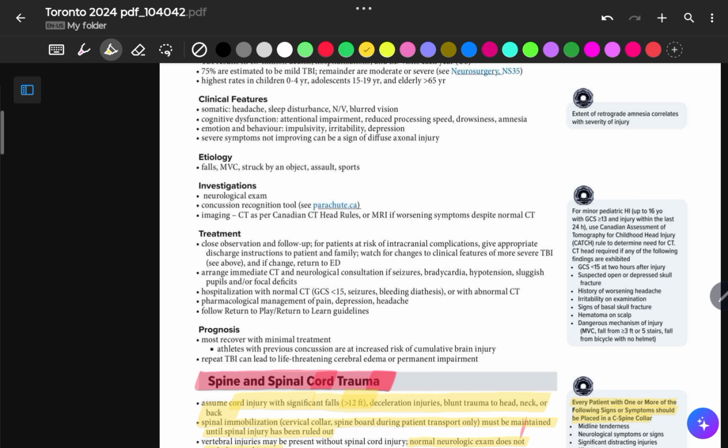Now, you need to arrange immediate CT and neurological consultation if the patient has seizure, bradycardia, hypotension, a sluggish pupil, or focal deficit.